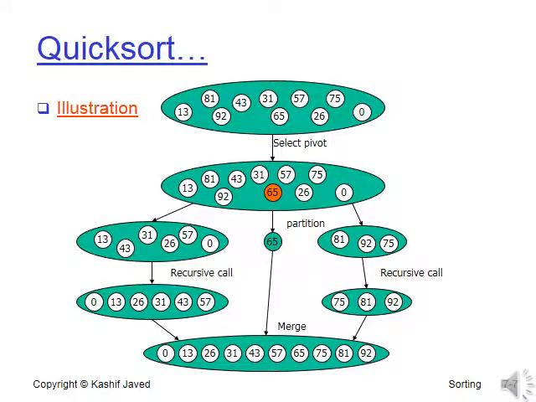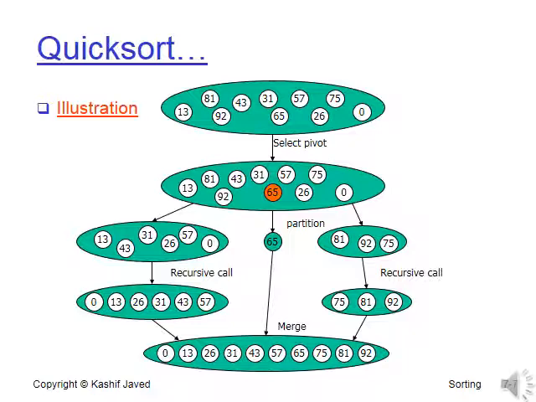Here in the pictorial example, the first step taken for the quicksort algorithm is to select a pivot. The pool of numbers that we would like to sort contains 13, 81, 92, 43, 65, 31, 57, 26, 75, and 0 in the array.